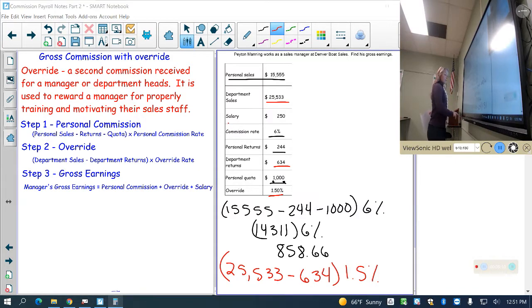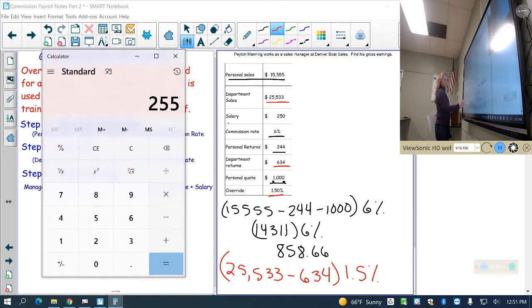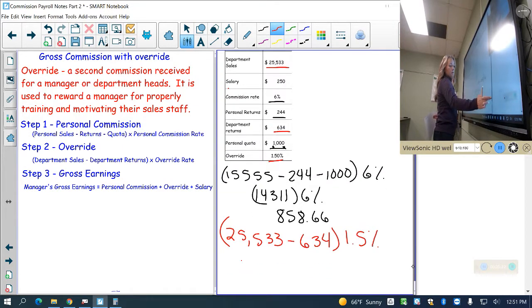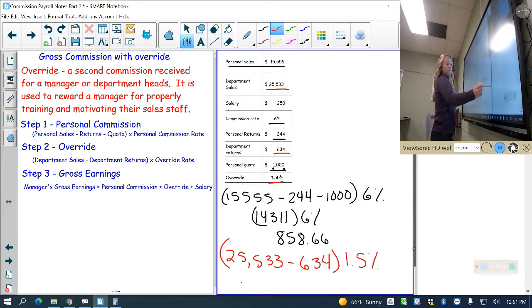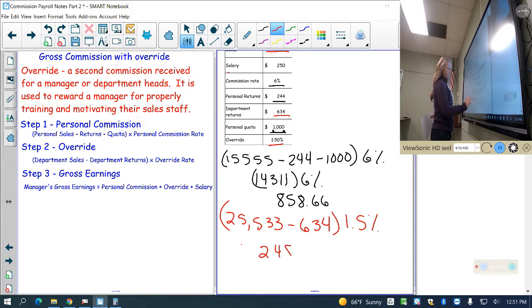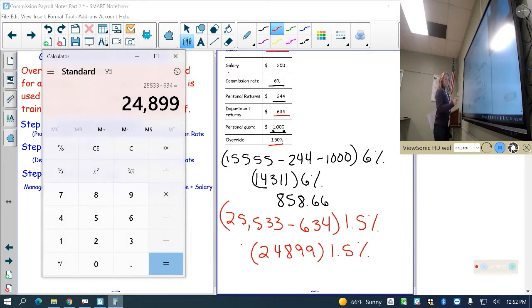So I take 25,533 minus 634 to $24,899. Times 1.5%. $373.49. Remember, round to the nearest cent. 373.49.